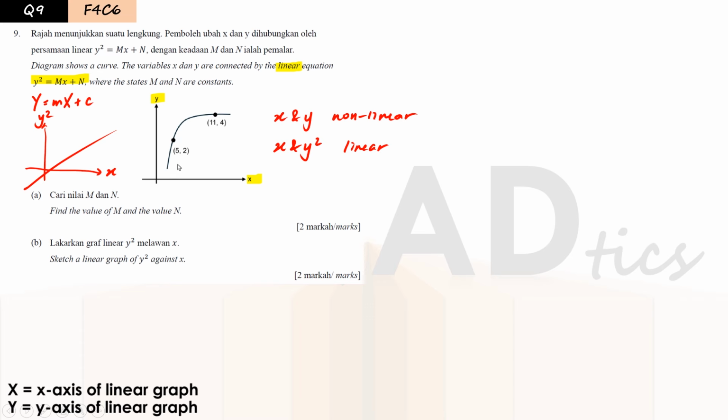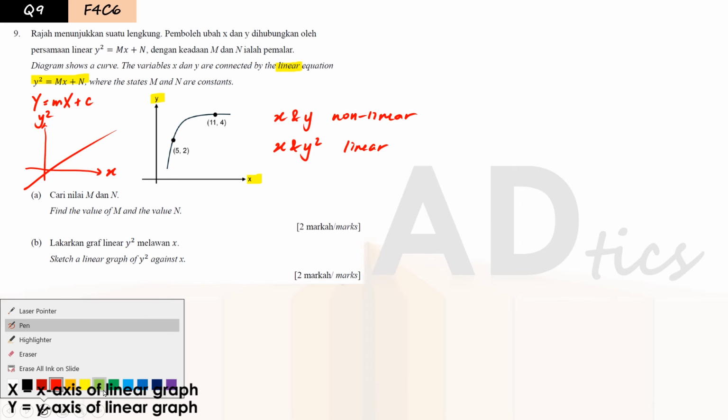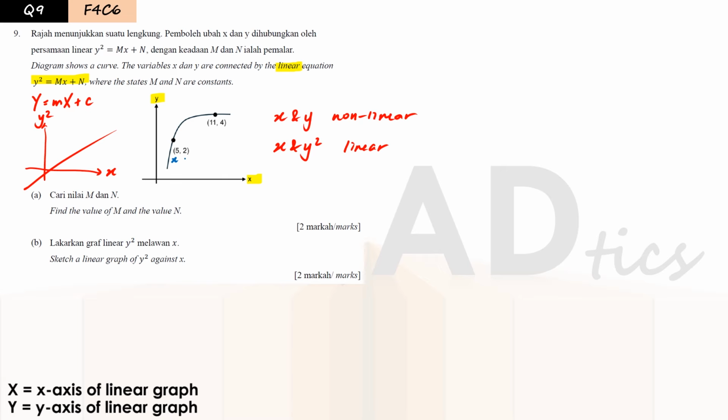These coordinates are actually the small x and the small y, because their axes are small x and small y. So why not we substitute these values inside this equation to find out the value of m and n.